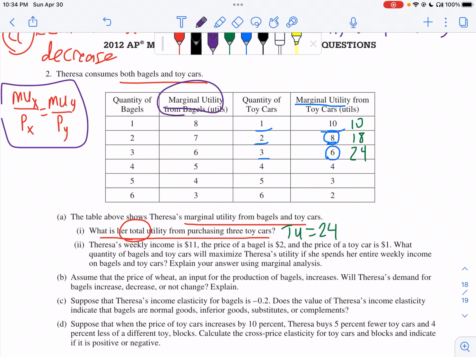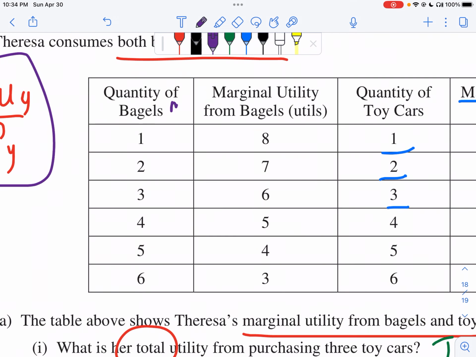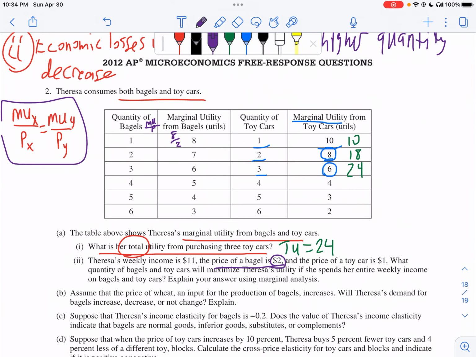You have to make sure, what did they give me? They gave me the marginal utility. I do not have to find the marginal utility. They gave it to me. So now I just need to find the price. The price of a bagel is 2. So the marginal utility divided by price for the first bagel is 8 divided by 2, where 2 is the price of a bagel.